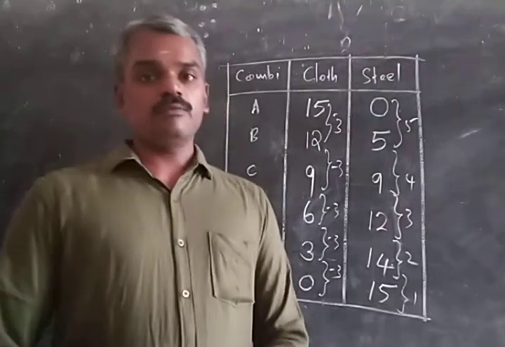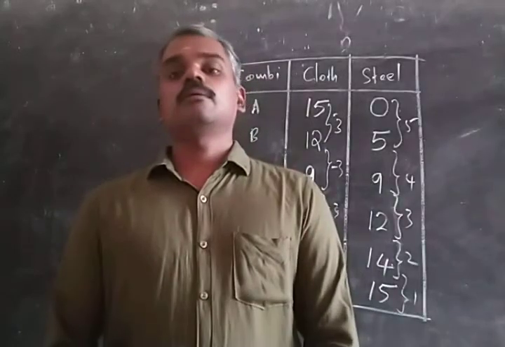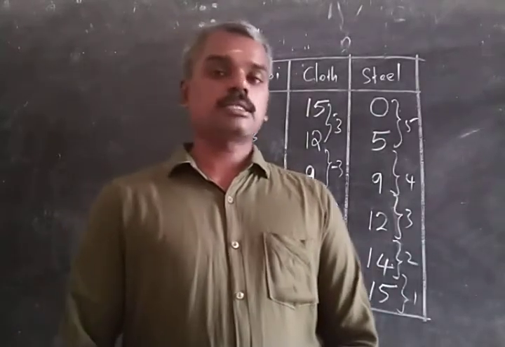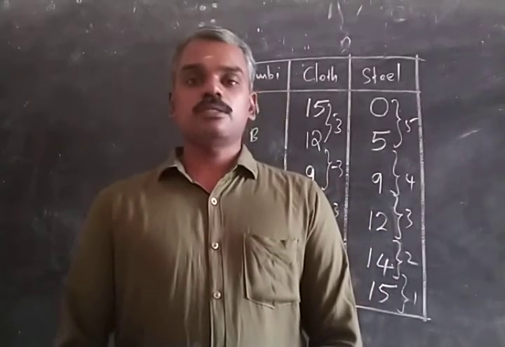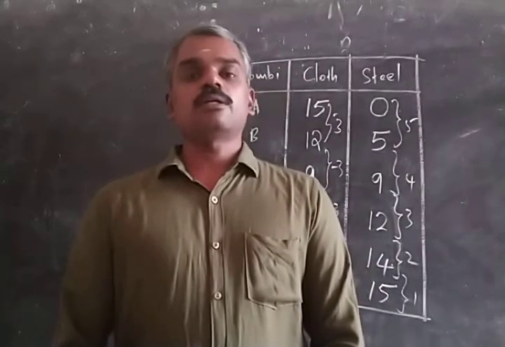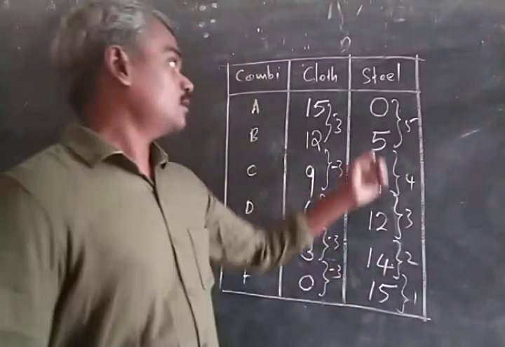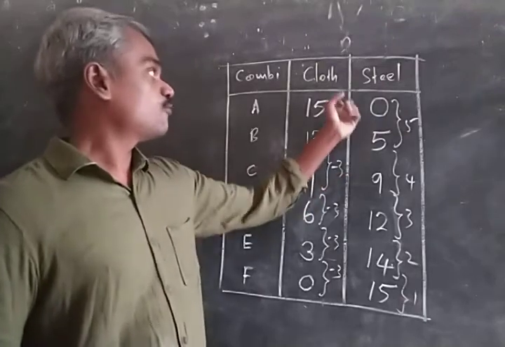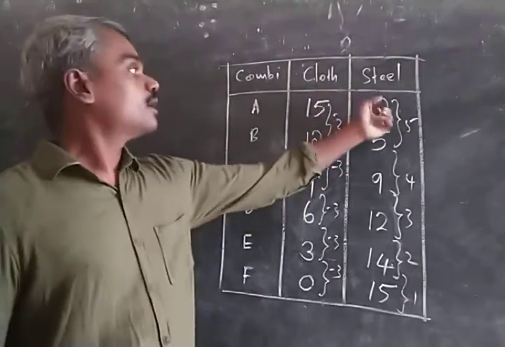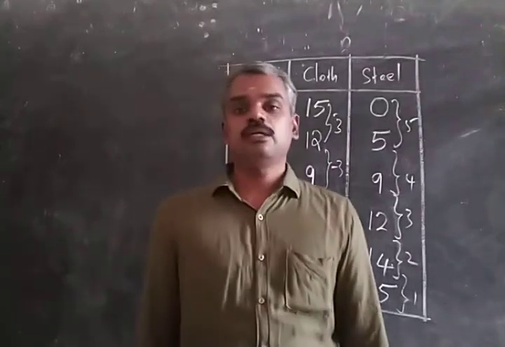You might be aware of the term opportunity cost. We already discussed the concept of opportunity cost in our first class. Opportunity cost is the cost of the next best alternative that has been forgone. So here, when the nation is producing 15 units of cloth, it is sacrificing 15 units of steel.